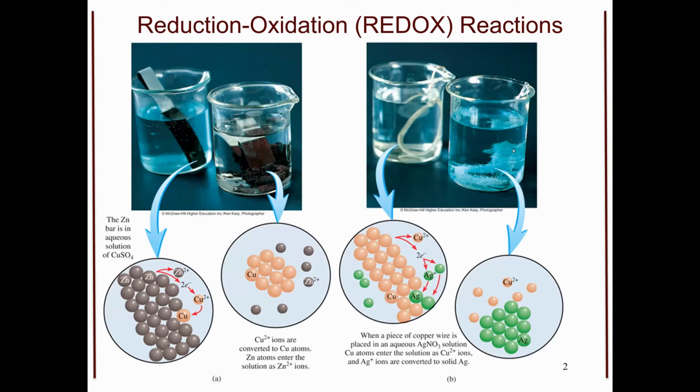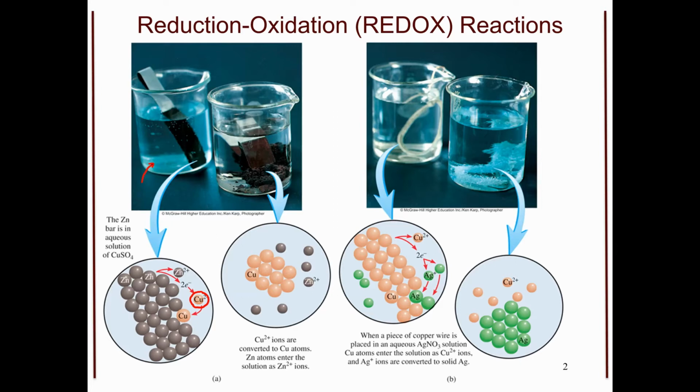So as you will see here, I am going to have our zinc inside of a copper solution. Our copper is what is causing this blue solution that you see in our left figure, as our zinc goes and transfers electrons to that copper.